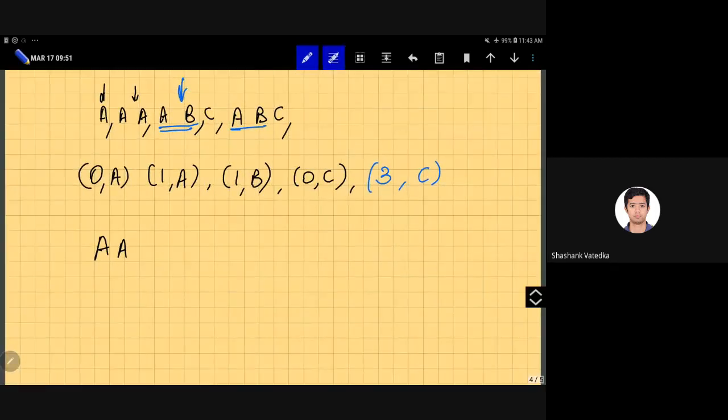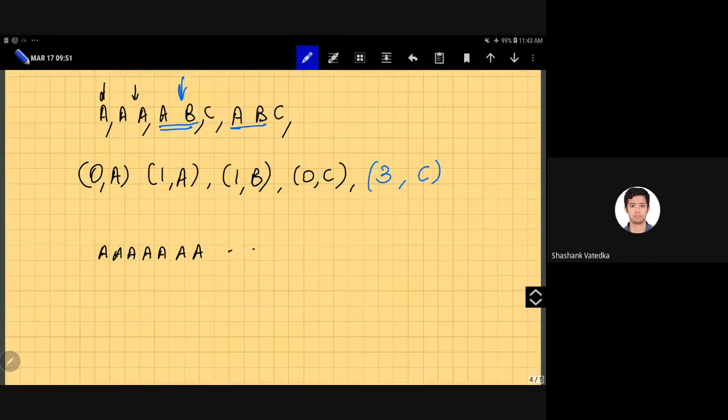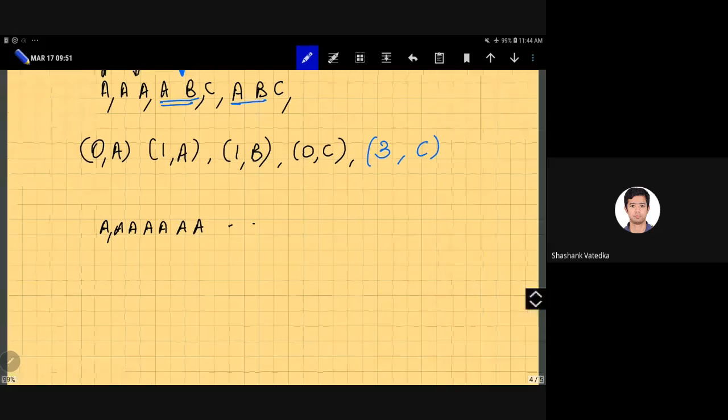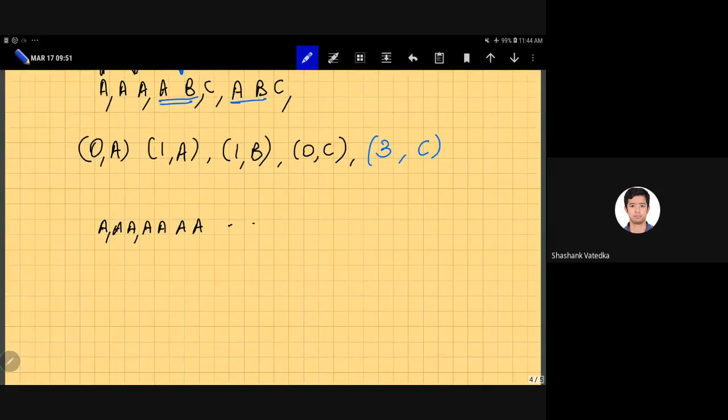Okay, so let's see another example, which is basically all A's. What would be the LZ78 parsing? What is the first phrase? It would just be A. What would be the second phrase? AA. What would be the third phrase?